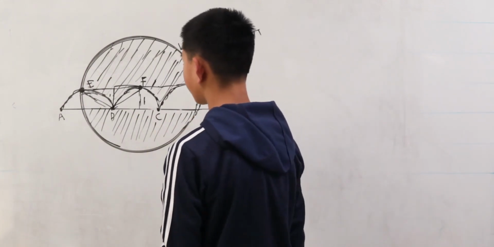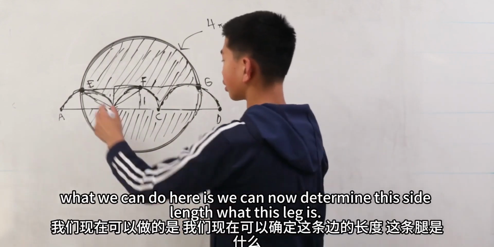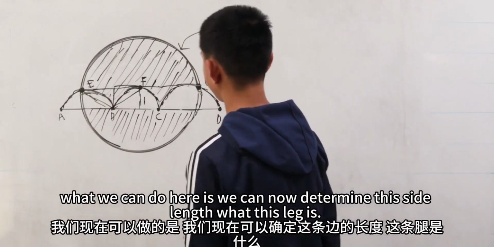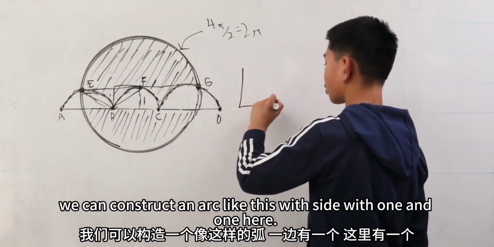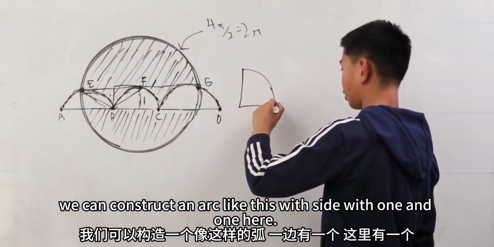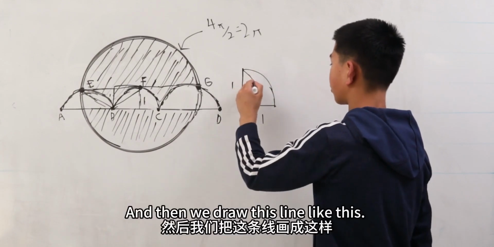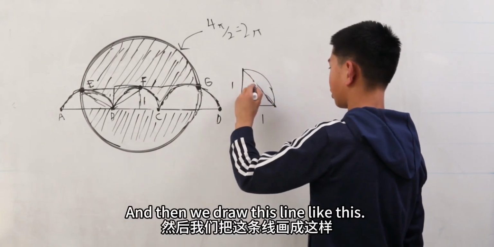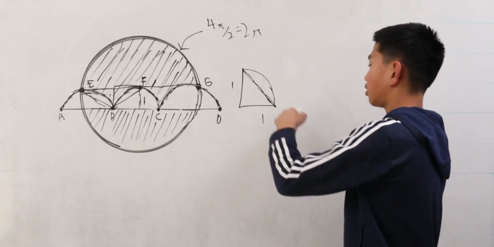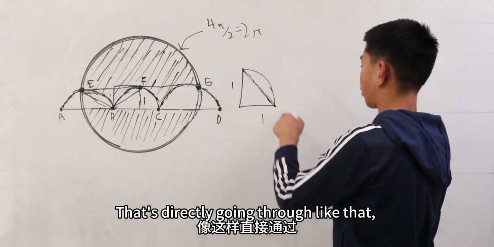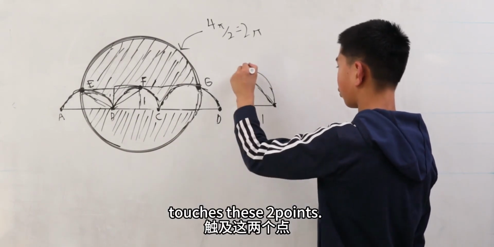So, basically, we can now determine this side length, what this leg is. We can construct an arc like this with 1 and 1 here, and then we draw this line that touches these two points.